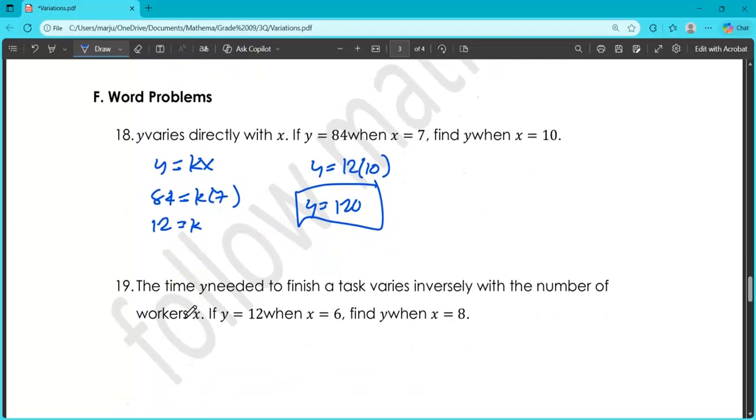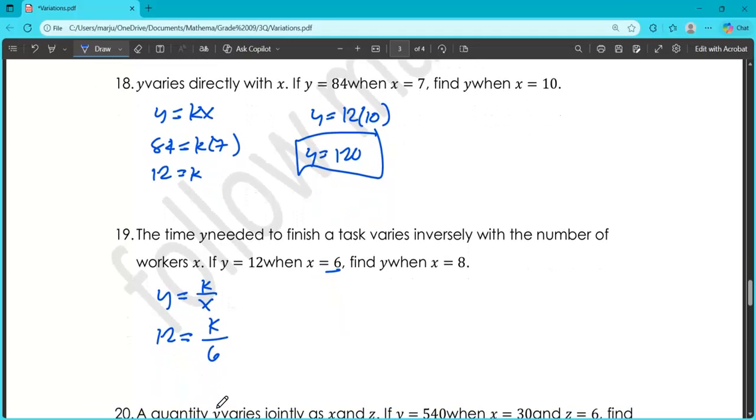19. The time y needed to finish a task varies inversely with the number of workers. So again, y varies inversely, so k over x. If y equals 12 when x equals 6, find y when x equals 8. So 12 is y, we don't know the k yet, 6. What is 12 times 6? That will give us 72, correct? 72 is our constant.